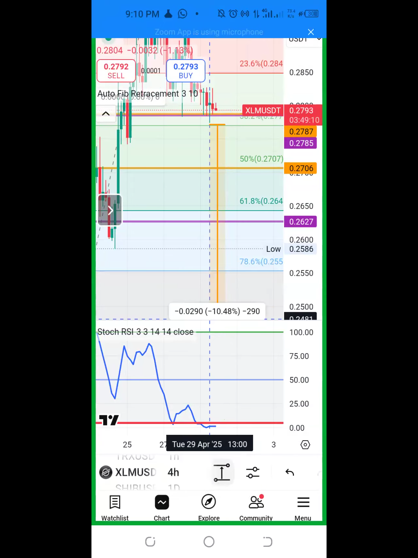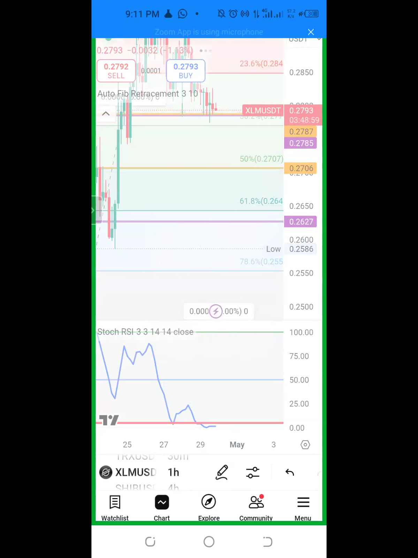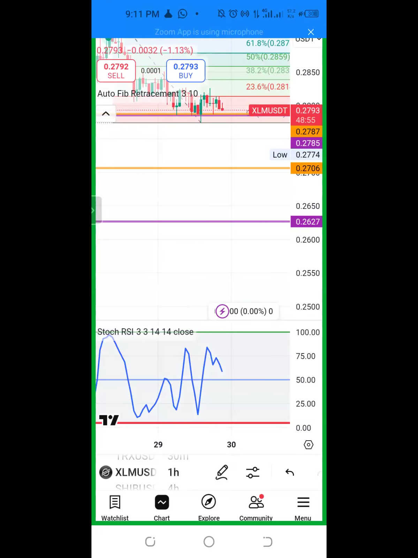So I'll go and change this thing. Let me check. This coin might dump to 2706. Yeah.